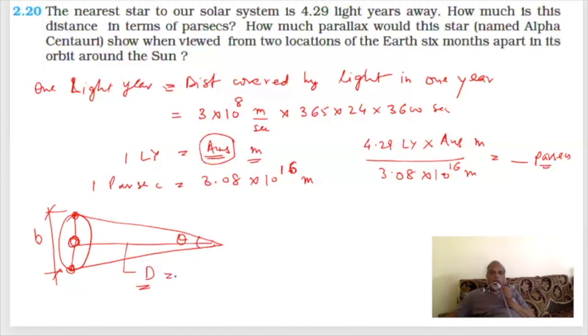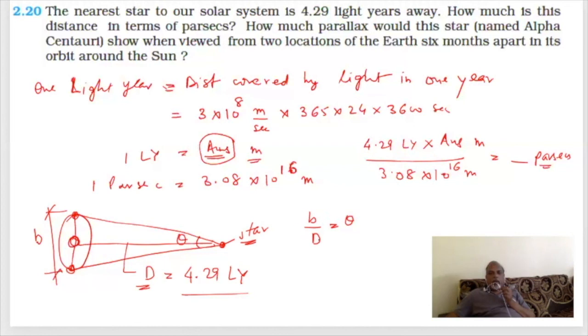D we know, 4.29 light years. This is the star. So now we can find out what theta is.